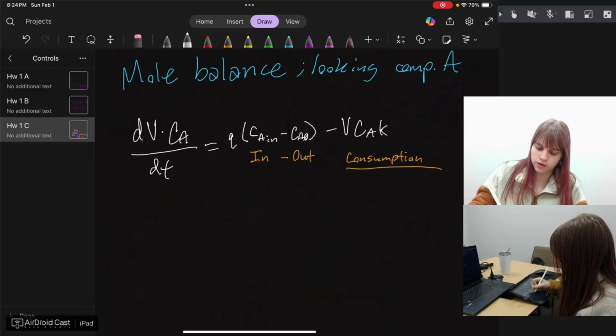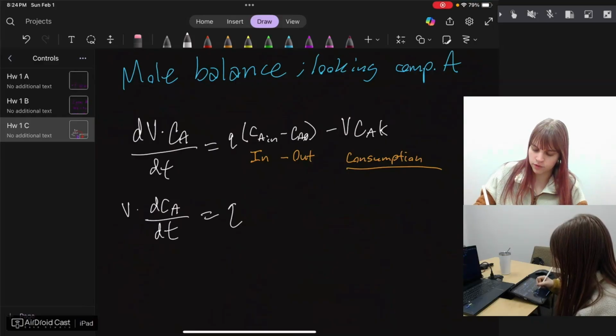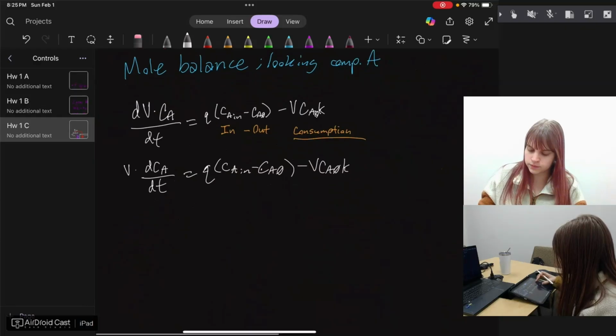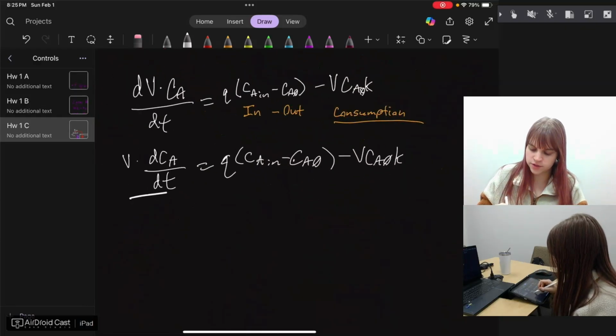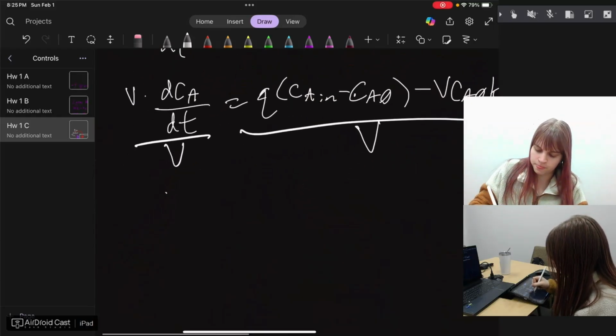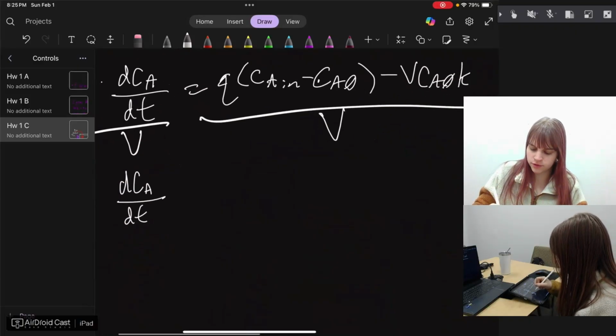Like we said earlier, we know that the volume is constant, so we can pull that out of that fraction. We're going to go ahead and divide both sides by V so that we can get the change in concentration of A all on its own, so that we would be able to put this into code later.